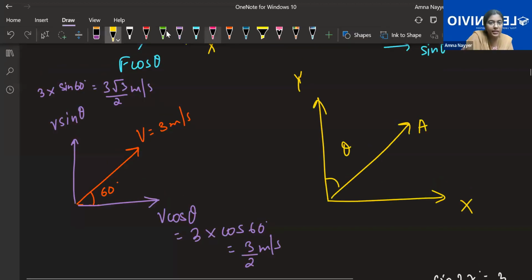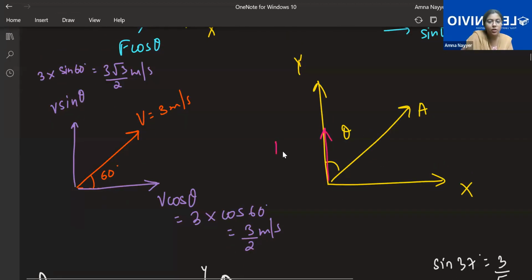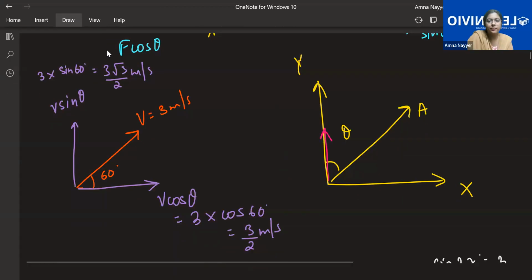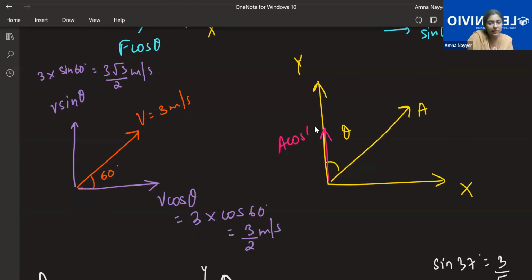When you are resolving, A cos theta will come here and A sine theta will come here. So here, A's component along the y-axis is A cos theta, not sine theta. And A_x, A's component along the x-axis, is A sine theta.